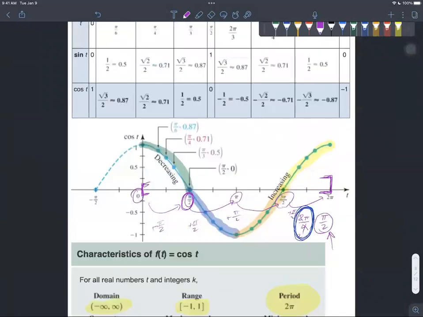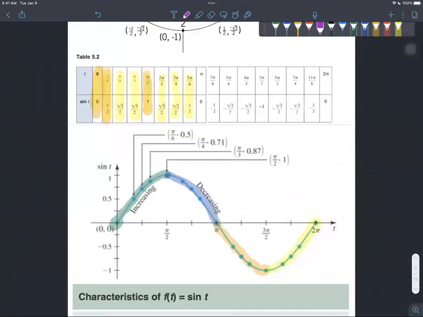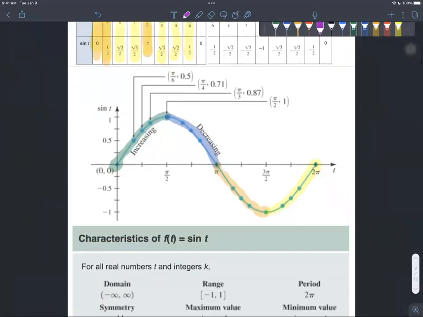Cosine starts at a maximum, and that's what I was graphing first. Sine starts at 0 and increases, decreases, and so on. It always reaches special points, which I'm calling a maximum, a 0, a minimum, and then 0 again.